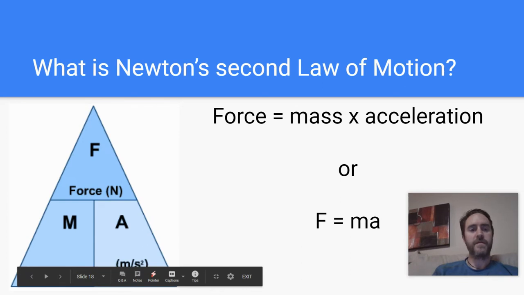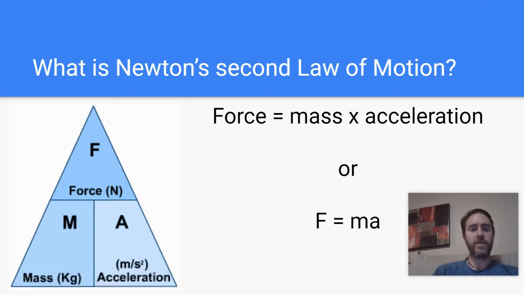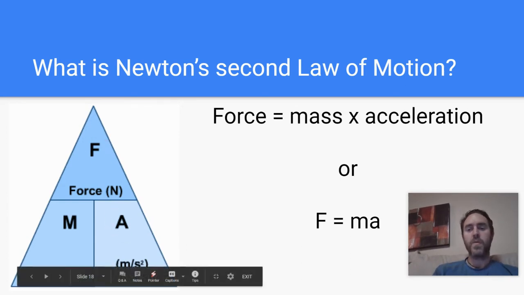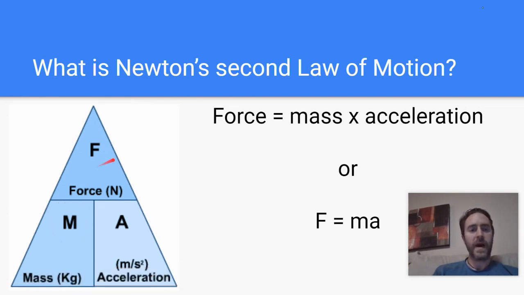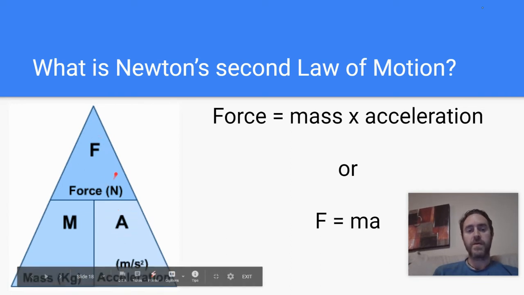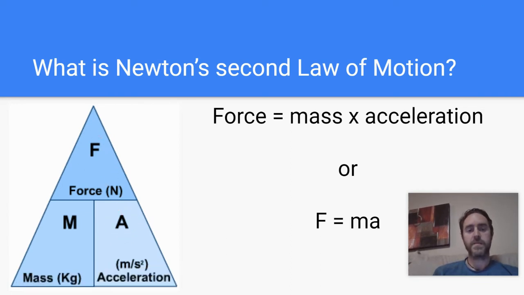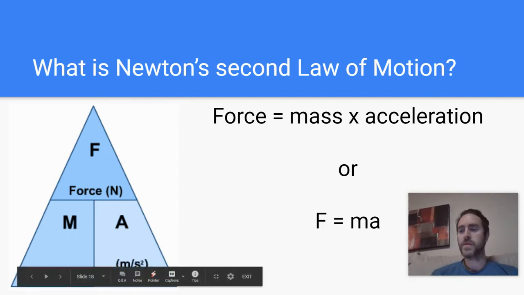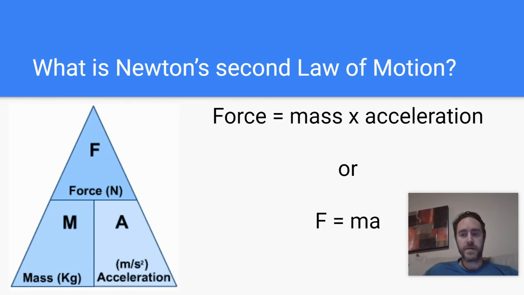However, if you have the force and acceleration, you can calculate the mass. If you know how much an object's being pushed, that would be your force. If you know how fast it's accelerating, that would be your acceleration. So you take your force and divide it by your acceleration. Then you would get your mass, so you would find out the mass of the object.